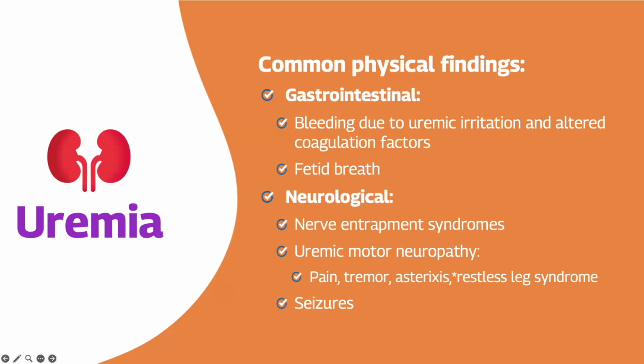In extreme uremia, we're going to be seeing, once again, neurologic symptoms such as carpal tunnel and other nerve entrapment syndromes. Foot or wrist drop, that neuropathic pain may be evidence of uremic motor neuropathy, along with the patient having tremors, multifocal myoclonus, restless leg syndrome, or seizures, all due to that uremic encephalopathy.